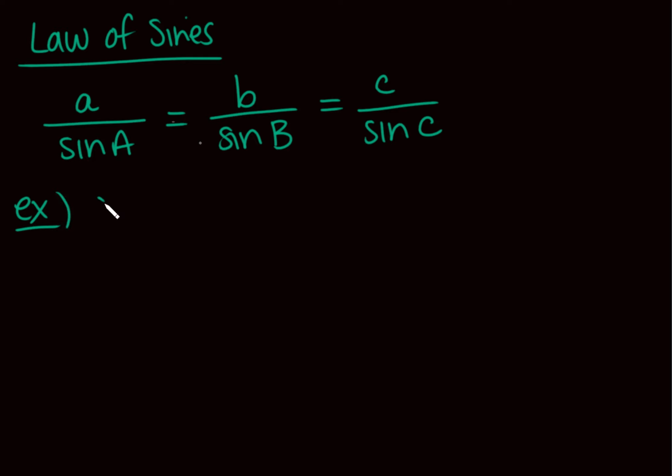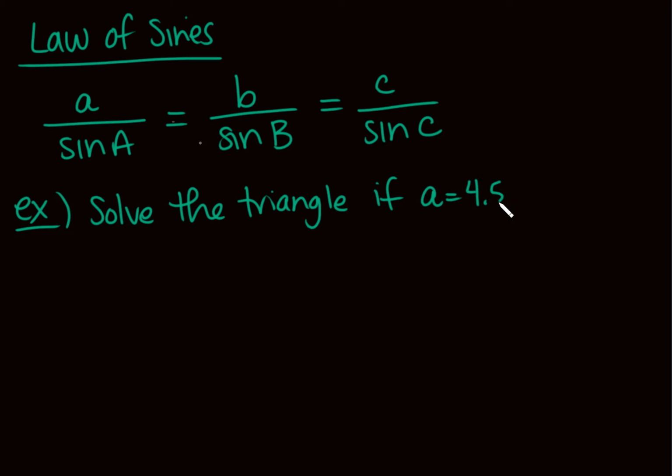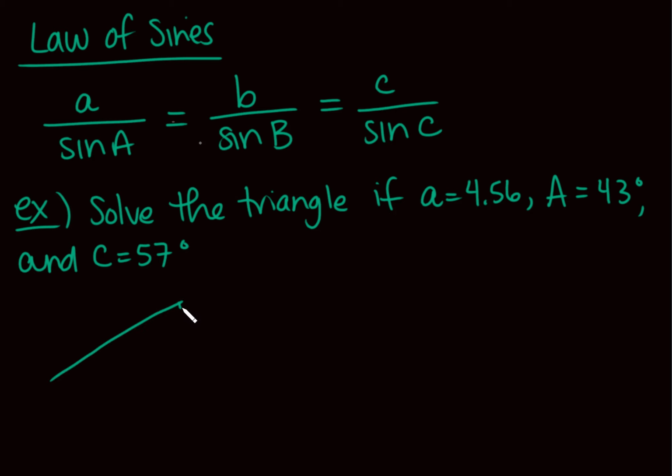So example, solve the triangle if, let's say, little a equals 4.56, A equals 43 degrees, and let's say C equals 57 degrees. So I just draw whatever type of triangle you want.